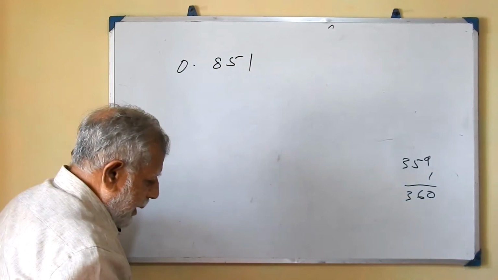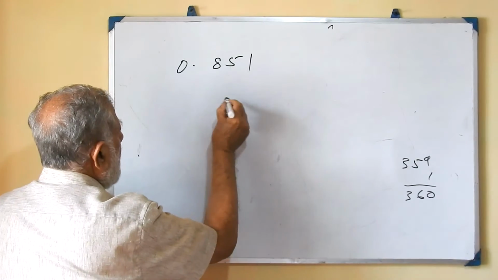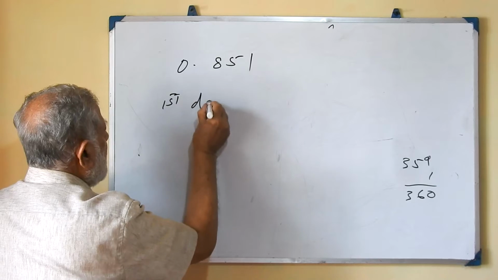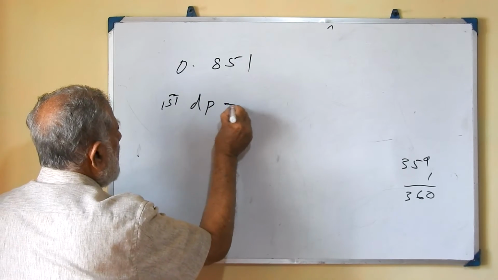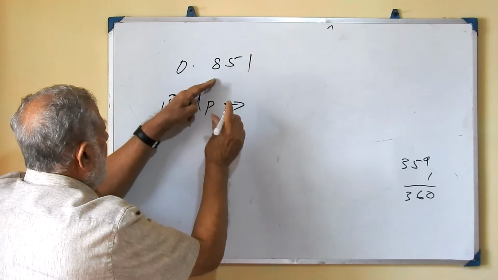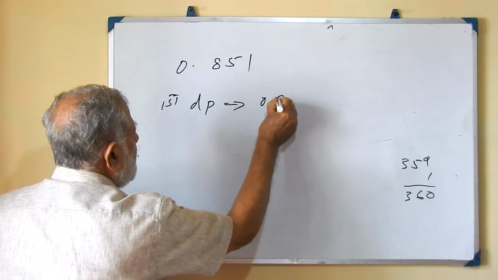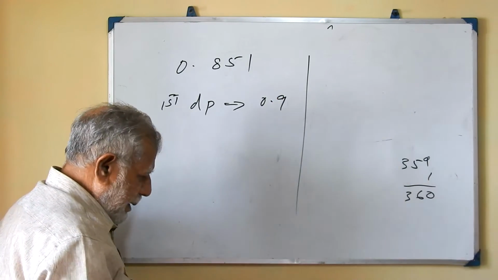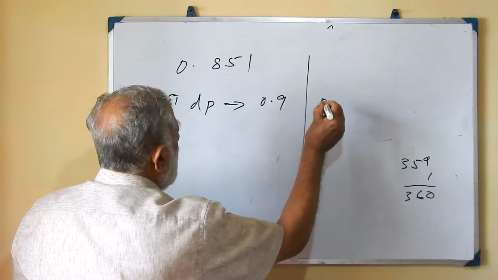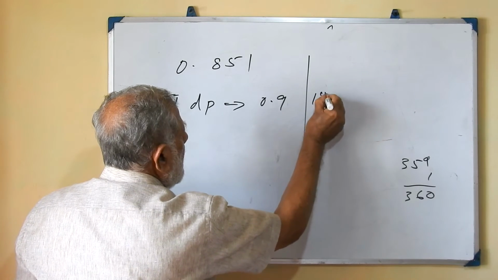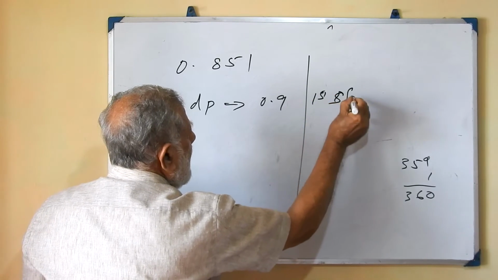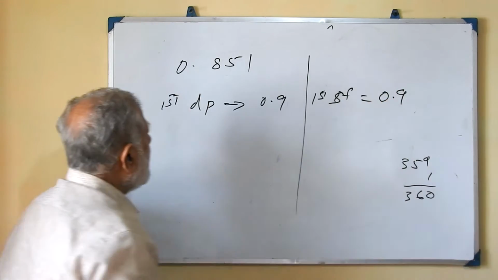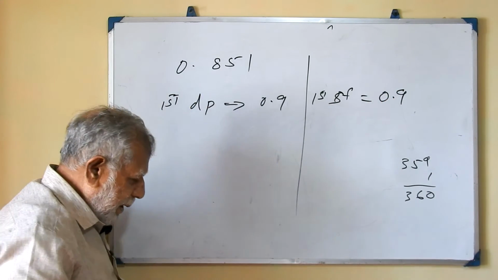0.851. The first decimal place is 0.8, so it will be 0.9. The first significant figure is also 0.9. We will take the next one.